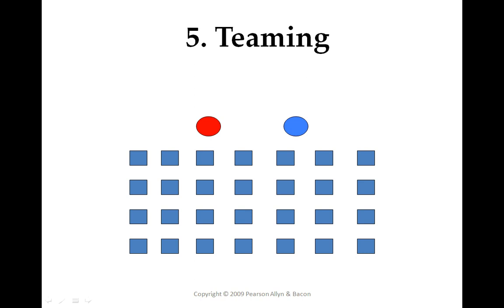Teaming. Now, this is not for the faint of heart, and this is the one model that you should not attempt unless you've been co-teaching for a while. I've only seen this successfully happen in one classroom. So that tells you that this takes a long period of time to happen.